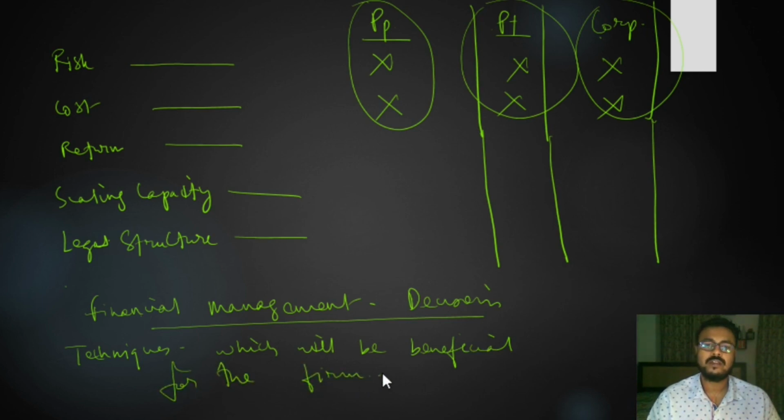So with this, we may conclude that risk, cost, return, scaling capacity, legal structure are the important factors that help us to understand the nature of these various forms of business and how they are going to be different for different firms.